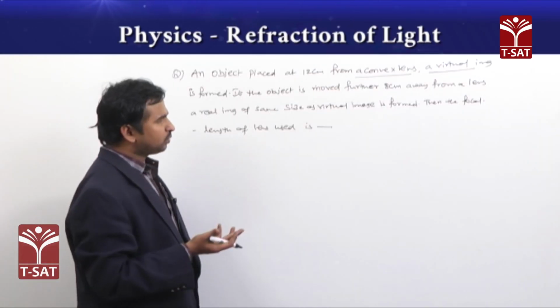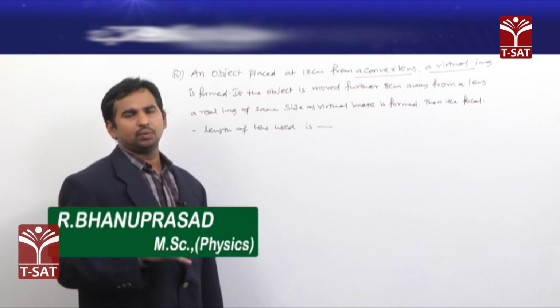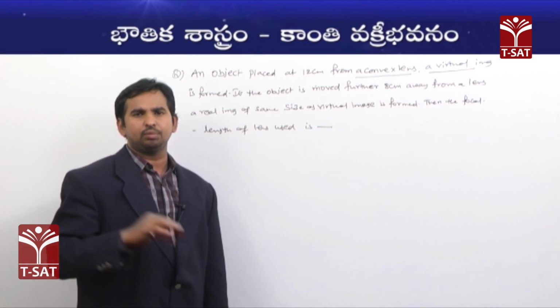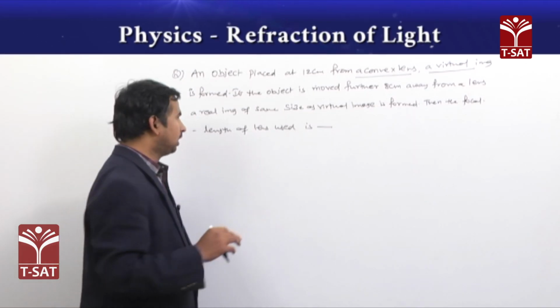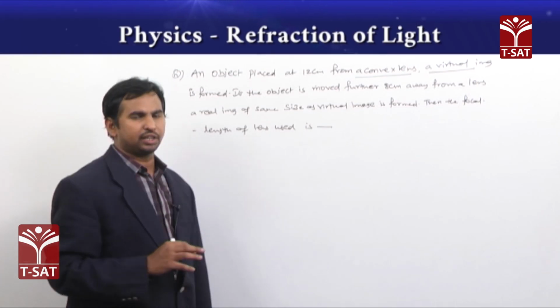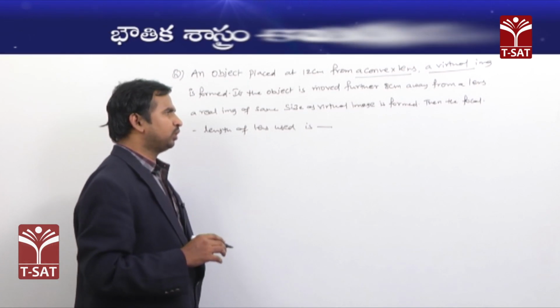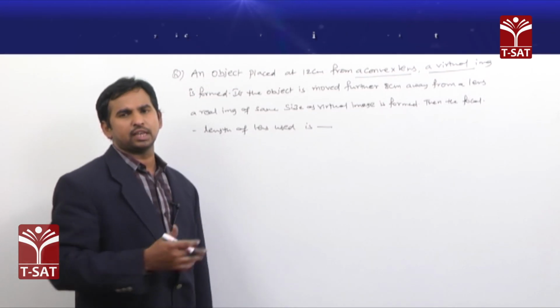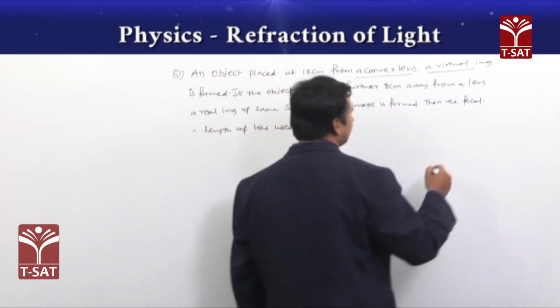Then the object is moved further away, 8 centimeters away from the lens, which means we are increasing the object distance, moving from between F and O away from the focus. So in this case it gets a real image, but given the condition that the same size as the virtual image is formed, the size remains the same.